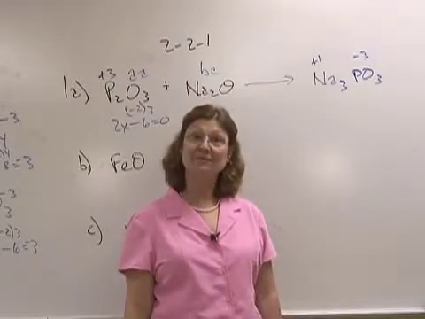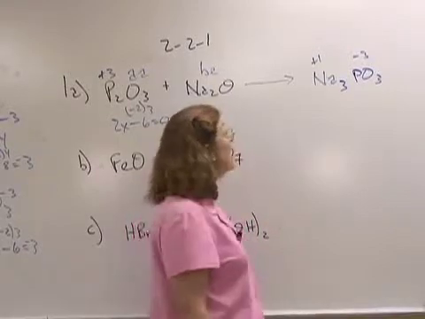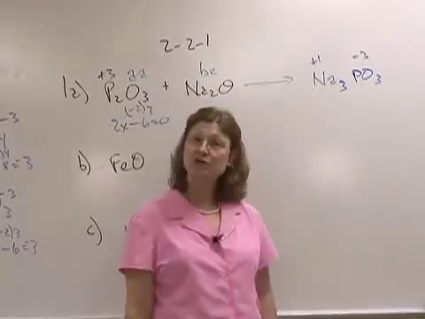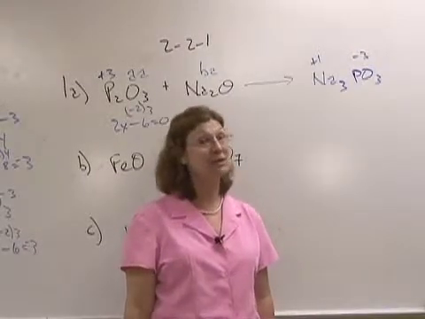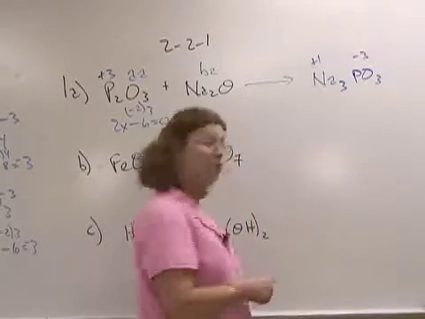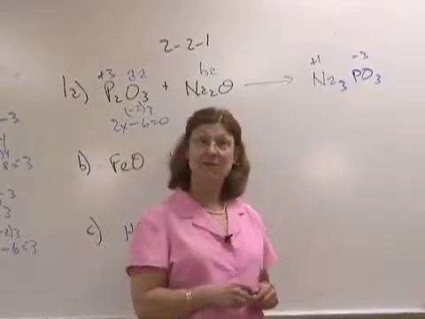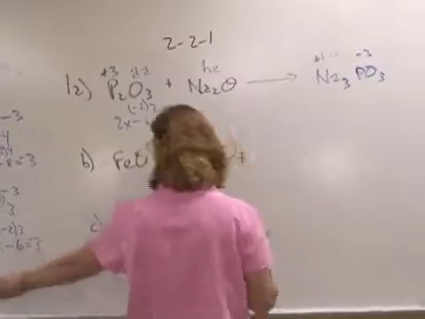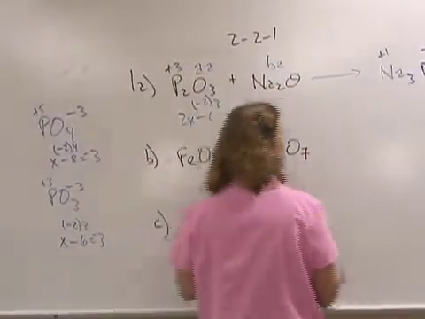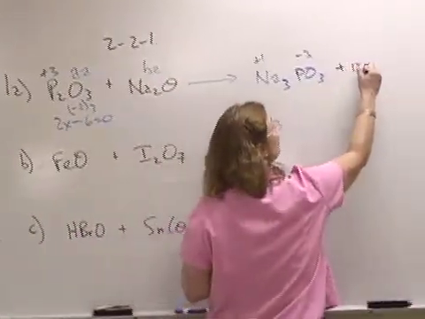Now, this isn't as far as I need to go. I have one more step. Just like I did in the lab, I'm going to have to add water to the salt to figure out which acid and which base are formed, or which would be the parent acid and the parent base. I add water and I write it as HOH.